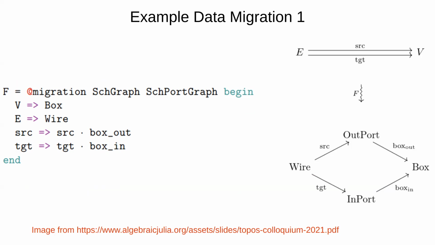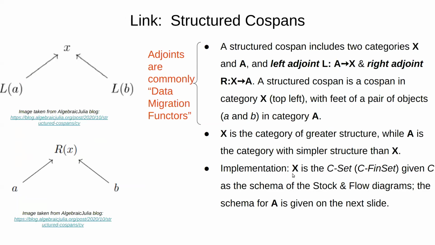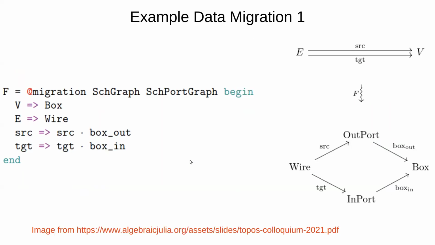Now, these migrations not only come in with migrating data, not only come in with structured cospans, they come in also with migrating our rewrite rules to broader content. So we're going to see why that's so important. We can have a rewrite rule formulated without reference to networks, and it can automatically now operate in the presence of networks.